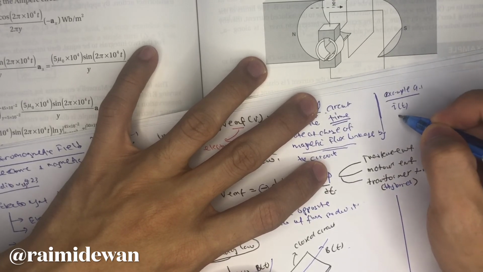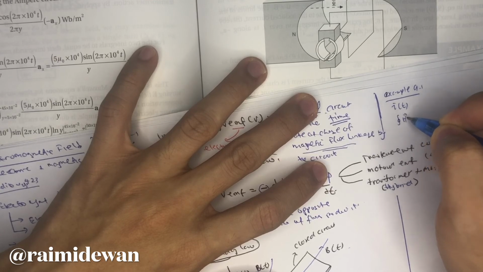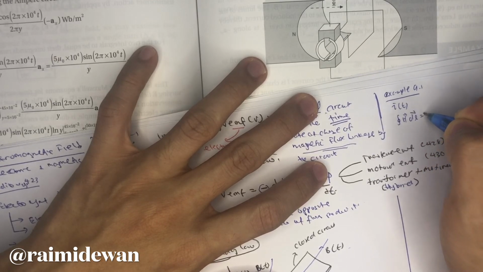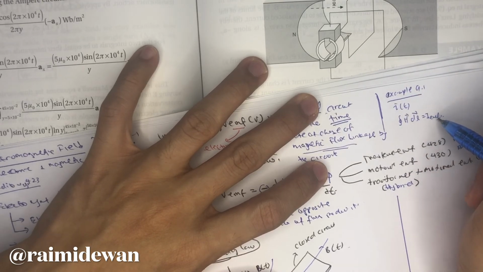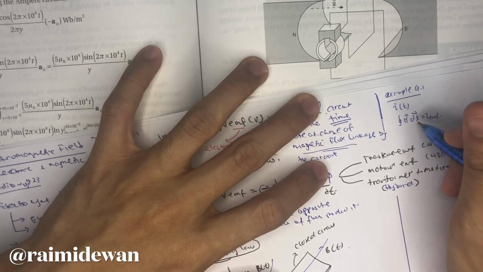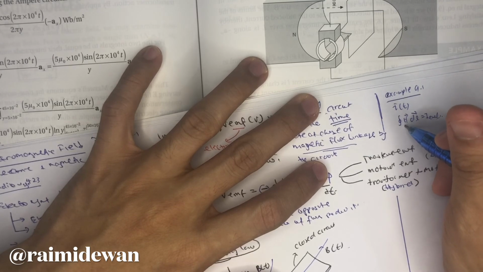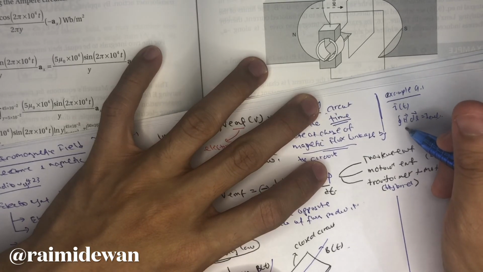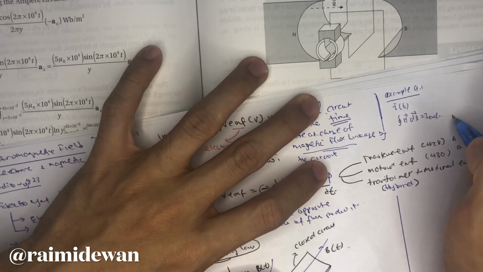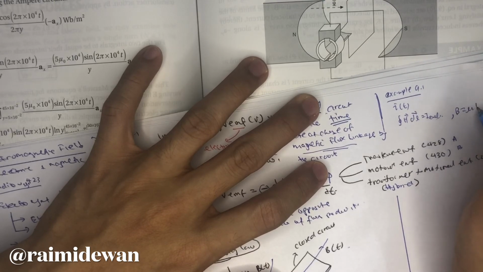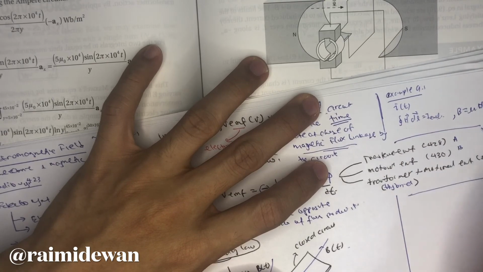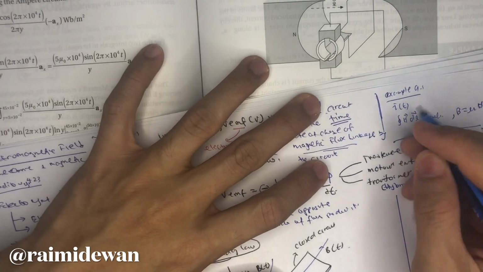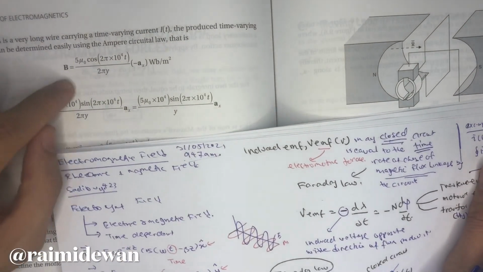From Ampere's law, you learned what just now? H dl equals I enclosed. So when you have your I enclosed and your dl, you can have your H, right? And H is interrelated with your B. Am I correct? So from this you can have your B.